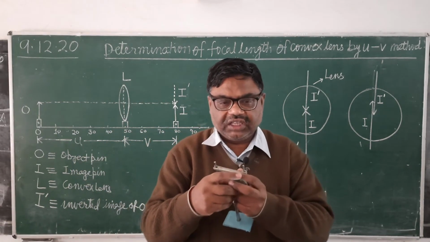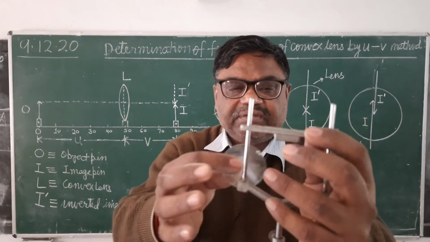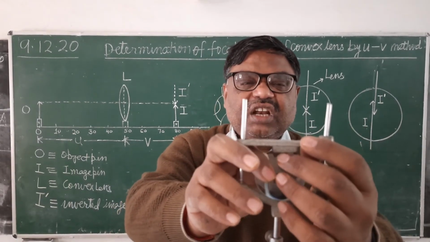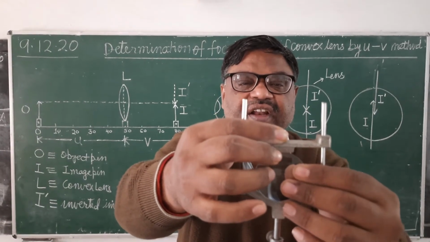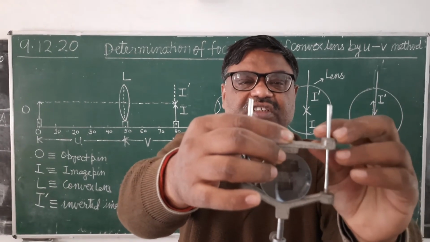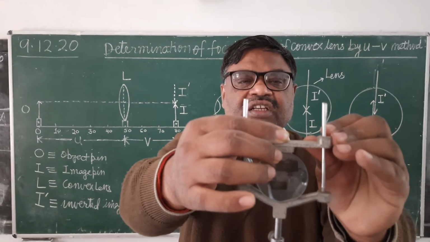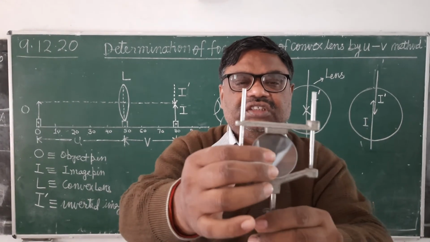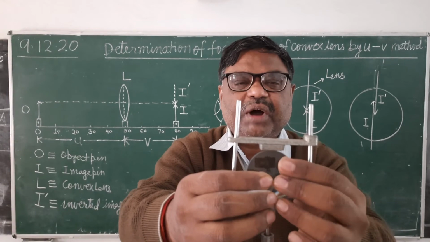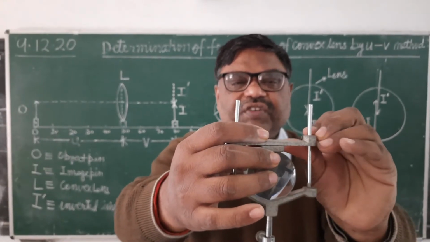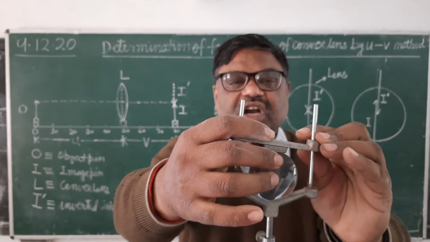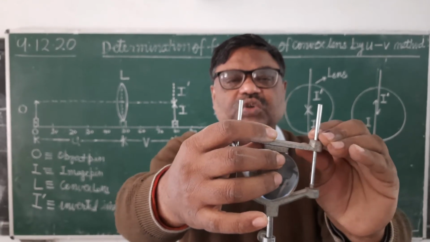You can see here how you will fix that. I am showing you here. Here the lens will be fixed. Lens has been fixed. It's clear? You should check that it should not come out. Once fixed, it should not come out from the lens holder.